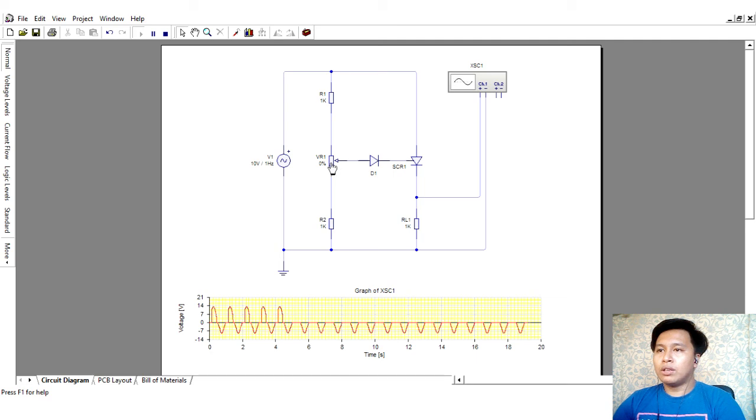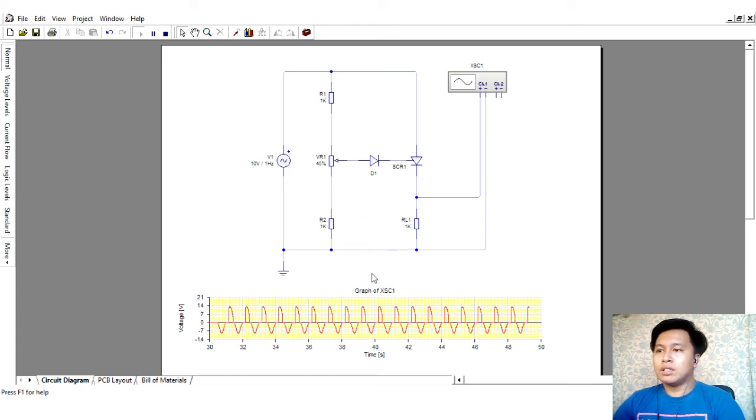But if we raise the percentage of the potentiometer to 45%, we can see that the half angle, or 90 degrees, has been committed.